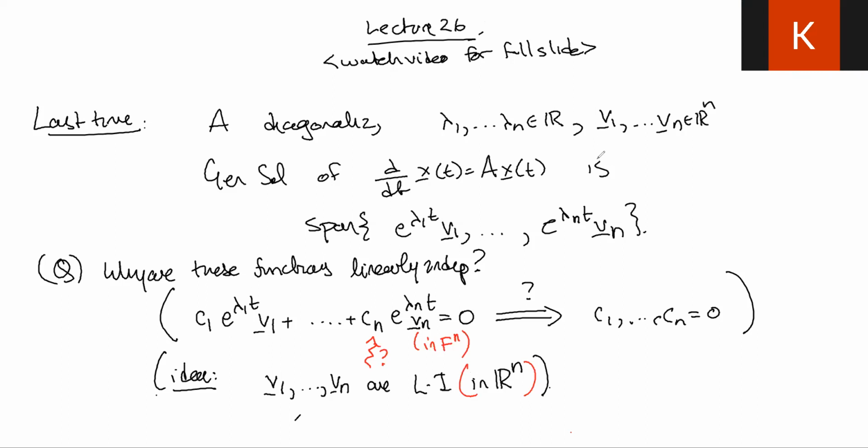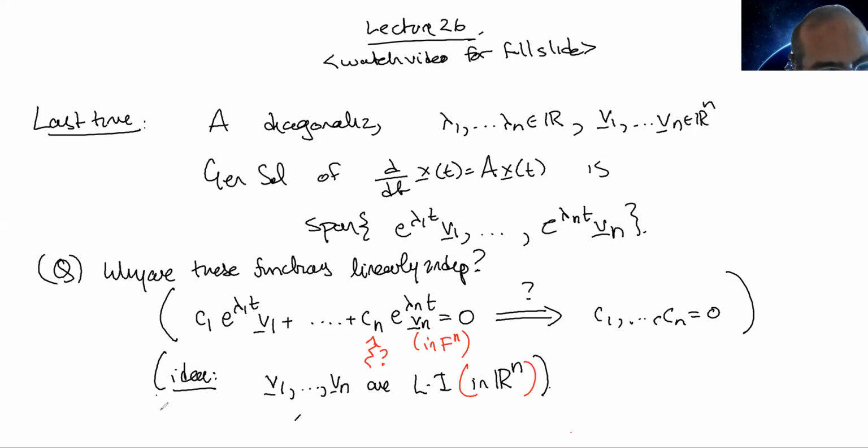Is it because since V1 to Vn are linearly independent, then if you view C1 e to the lambda 1 t as the weight for V1 to Vn, then C1 e^(lambda 1 t) must be 0? And then since e to the lambda t is not 0 at all times, then C1 to Cn must be 0. Okay, so you're close.